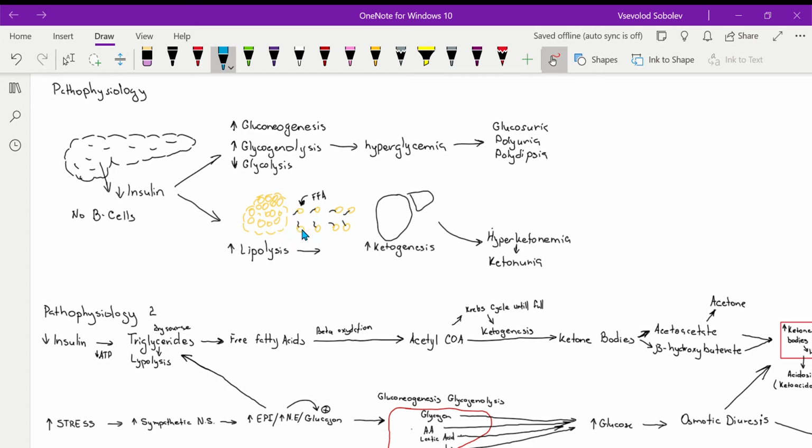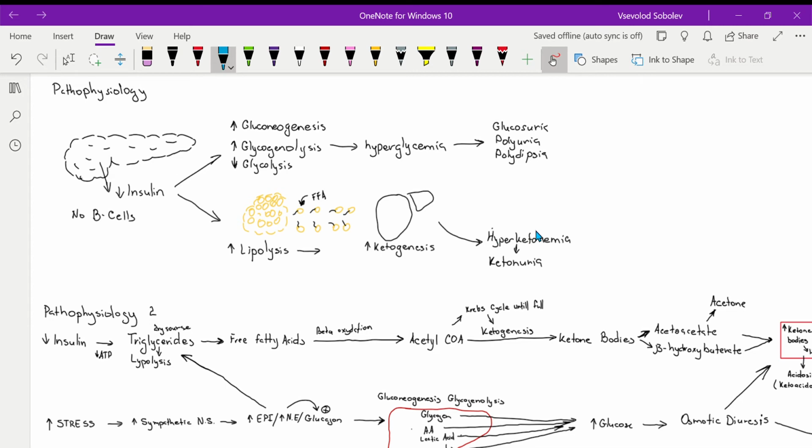Fatty acids, through the liver undergoing ketogenesis, first become acetyl-CoA, which is like little chains that can be fed into the Krebs cycle, but eventually, through ketogenesis, they become ketone bodies.